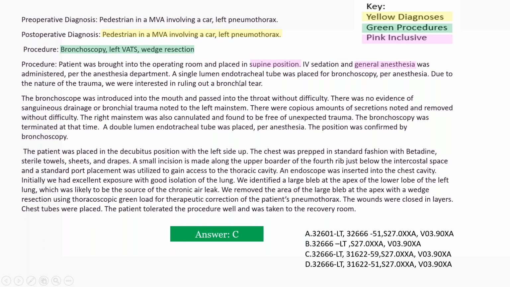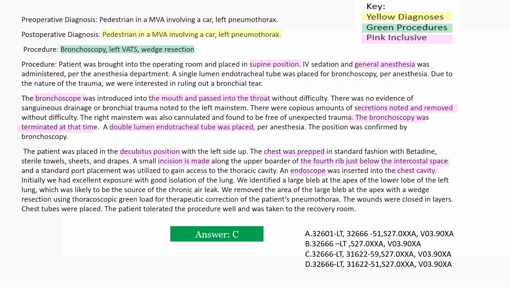The patient was placed in a supine position. General anesthesia was given. A bronchoscope was introduced through the mouth and passed into the throat. The secretions were noted and removed. Bronchoscopy was terminated at that time, and then the patient was placed in a decubitus position. The chest was prepped. A small incision was made on the fourth rib just below the intercostal space.